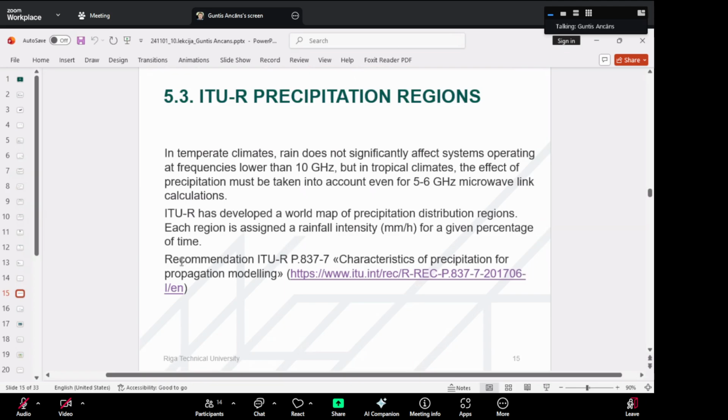ITU also prepared a recommendation named characteristics of precipitation for propagation modeling.